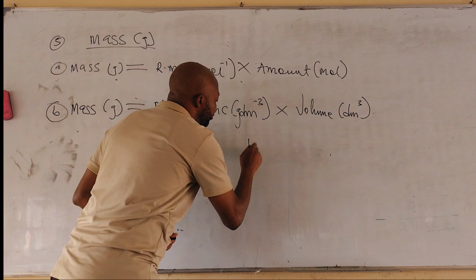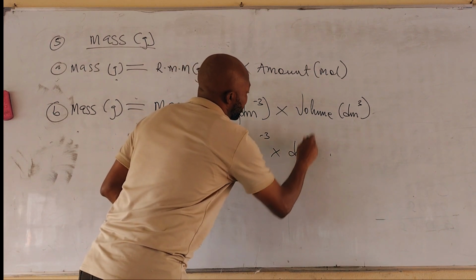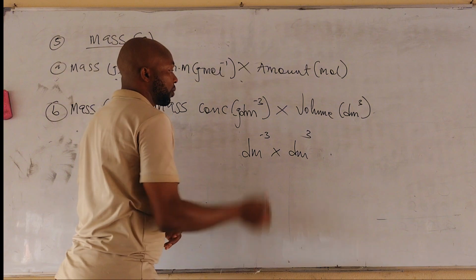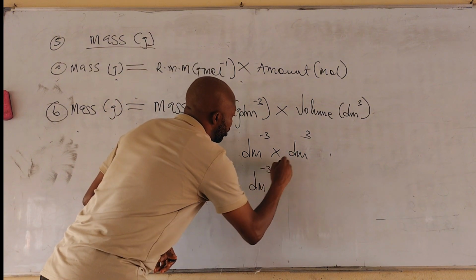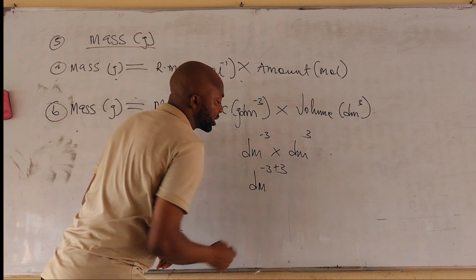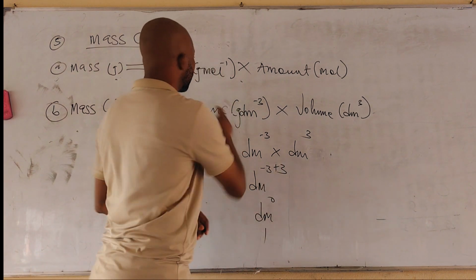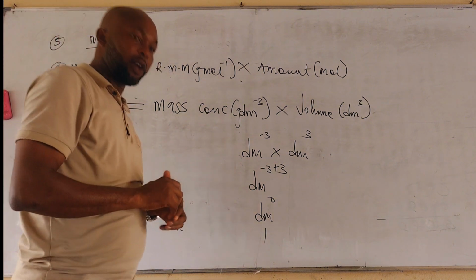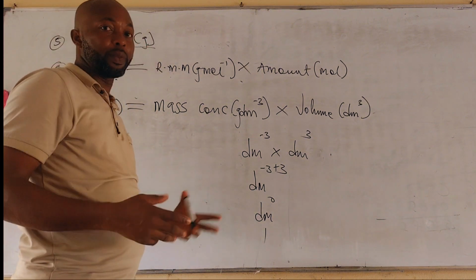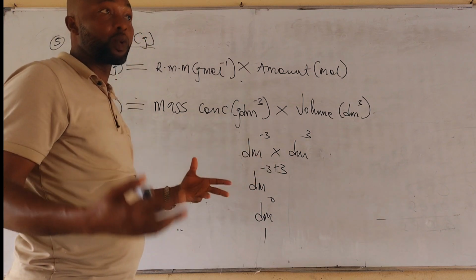So if I have dm minus 3 times dm raised to power 3, they have equal bases, I want to add their powers. So I now have dm raised to power minus 3 plus 3, which is 0. So dm raised to power 0, and that is 1. 1 times g, which is gram, gives me gram. So my understanding of indices too will help. When you state out your formula with their various units, you'll be able to know whether you're right or wrong.